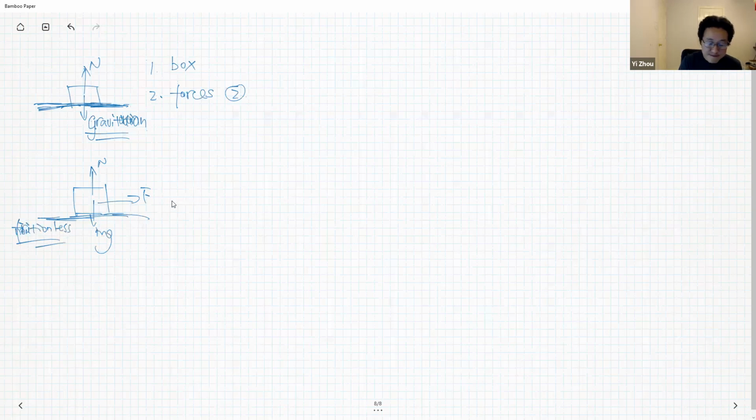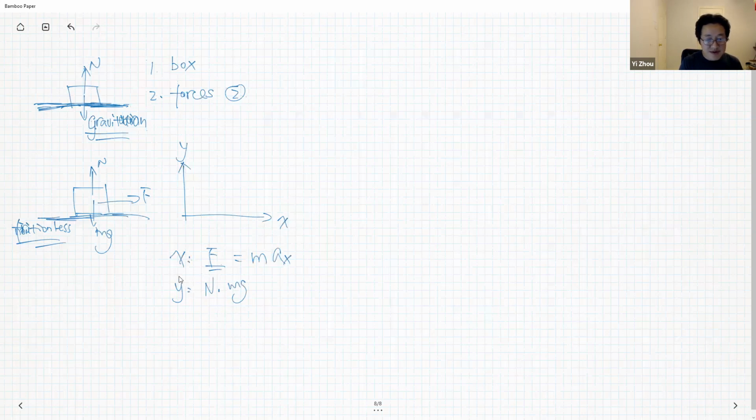Normal xy? Yes, normal xy. How many forces in the x direction? Only 1, that is F. How many in the y direction? 2, which are N and mg. So the sum of the force in the x direction is just F, equal to m ax.